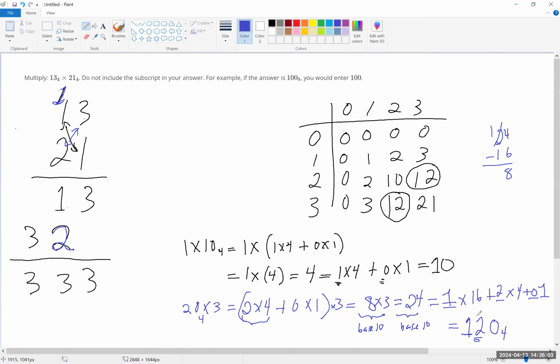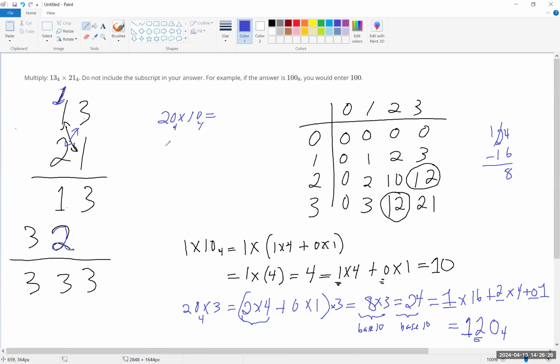And then the last thing, and I'm running out of space, so I'm going to come up here. Let me use red. It's a 20 times a 10, because 2 times 1 is really 20 times 10. And these are in base 4.